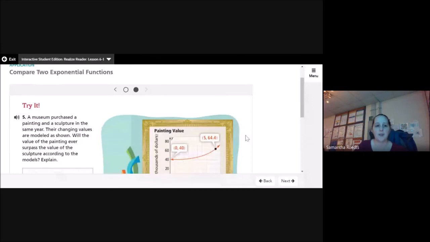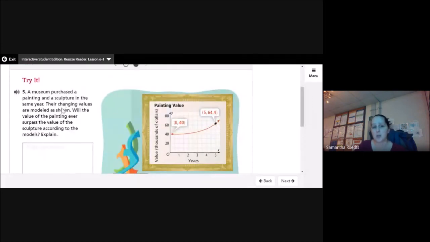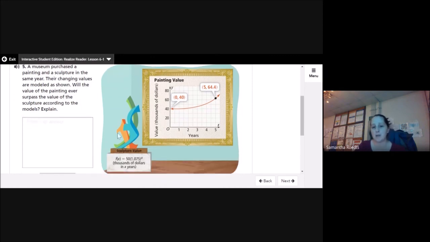All right, so let's try it. A museum purchased a painting and a sculpture in the same year. Their changing values are modeled as shown. Will the value of the painting ever surpass the value of the sculpture according to the models? Okay, so here's my sculpture. Here's my painting value. So yes, the value of the painting will surpass the value of the sculpture.